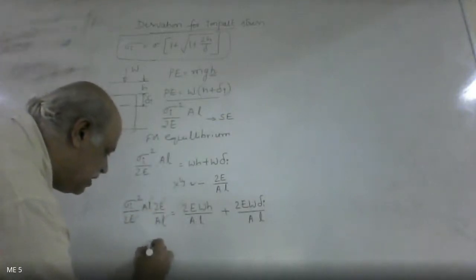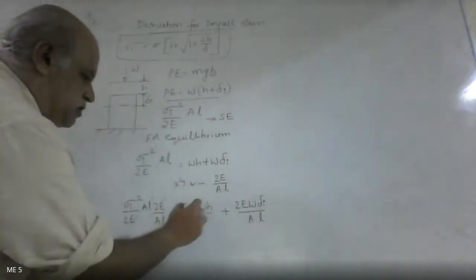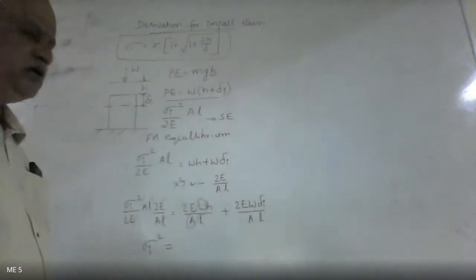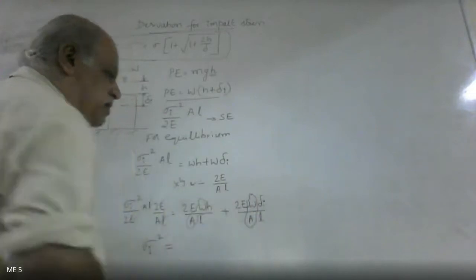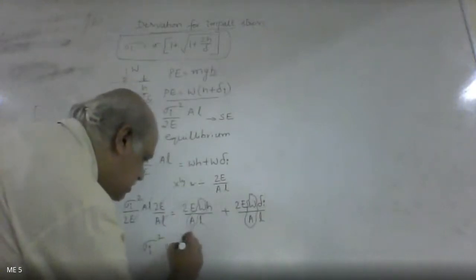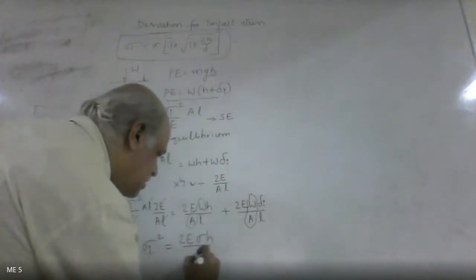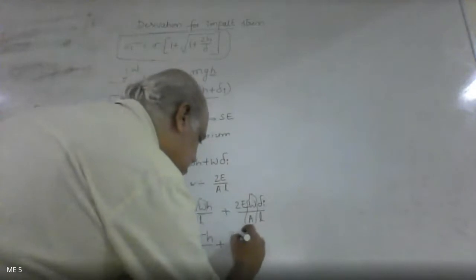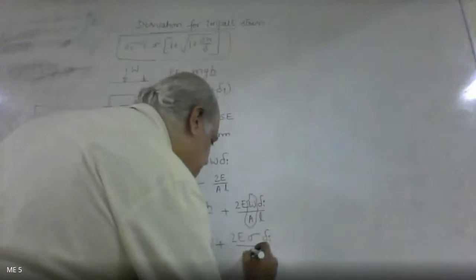What we are going to have is sigma I square, and here this W by A I replace by sigma, and again here I replace W by A by sigma. So I get 2E into sigma h by L plus 2E sigma into delta I by L.